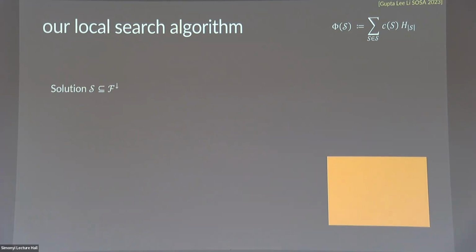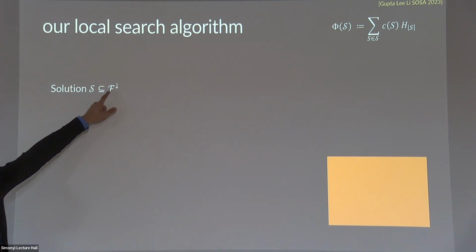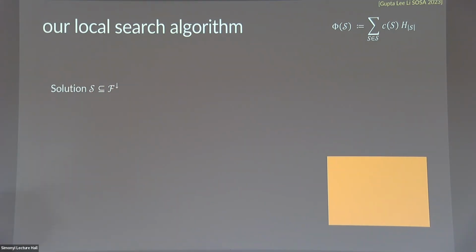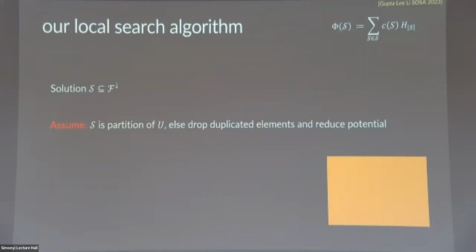Okay. So what's our local search algorithm? I'm starting off with a solution belonging to this downward closed family of subsets. That's why I put this downward. Our potential is that. At each point in time, I can assume that my solution is a partition of the space, because otherwise I can always drop the repeated elements, and my potential only goes down.